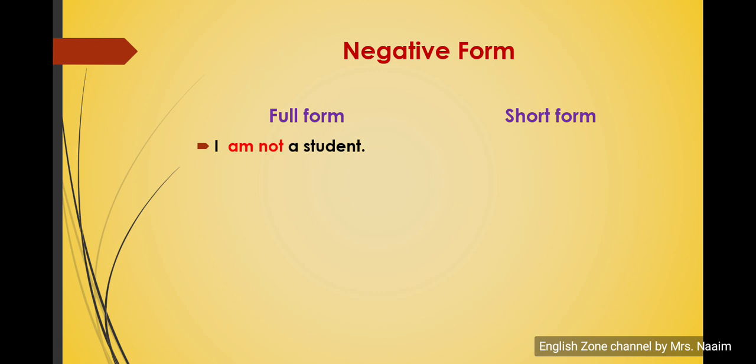Okay, so we have I am not a student. أنا لست بتلميذ أو أنا لست بتلميذة. Okay, so here we put not after the verb to be. هنا وضعنا not. للتعبير عن النفي نضع not بعد verb to be بعد فعل الكينونة. Okay, now let's take a look at the short form.